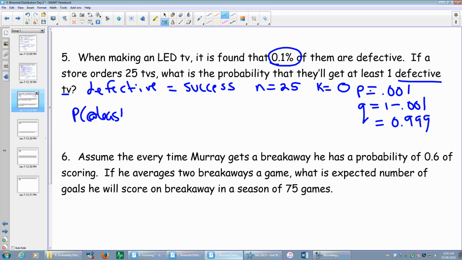The probability of at least 1 is saying 1 minus the probability of 0. So I'll start with 1 minus what? Good.